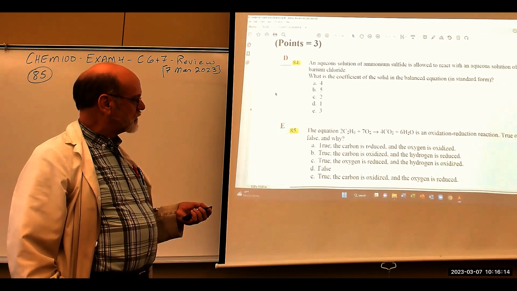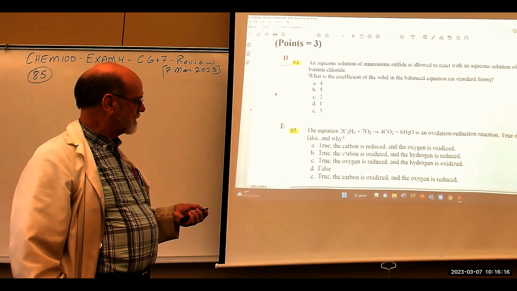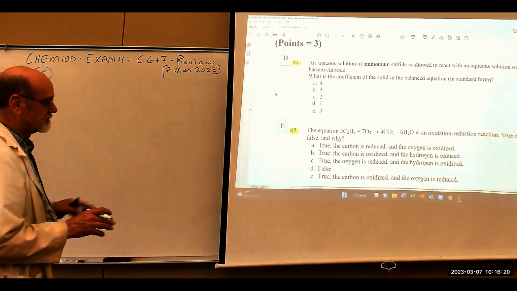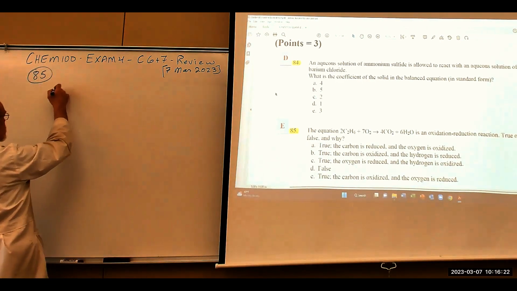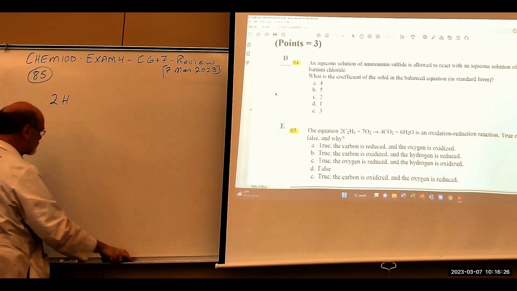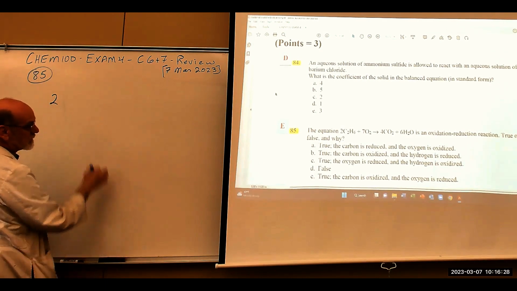So why is it? Well, the carbon is oxidized and the oxygen is reduced. Now we have to determine what's what, so let's put the equation up here and do some calculating. Excuse me, that's not right.